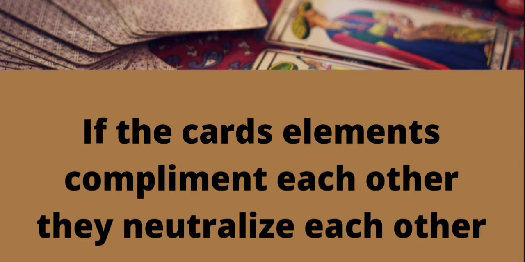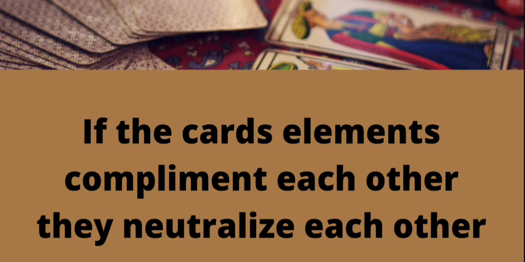So the last rule is if the card elements complement each other, they neutralize each other, okay? So what are complementary elements? They are the opposite of the contradictive elements. So the contradictive elements are earth and air, fire and water, right?